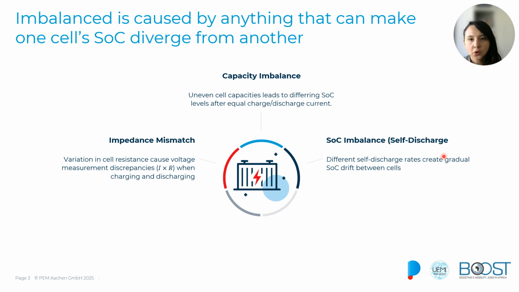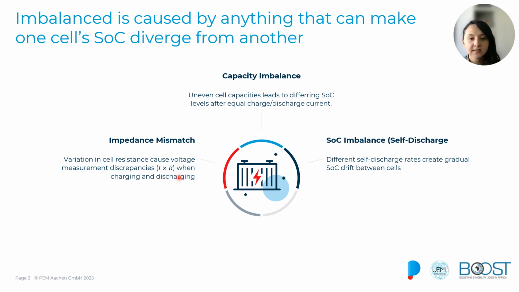So in our battery pack, some of the cells may discharge faster than the others due to variations in the internal chemical processes and the reactions happening in the battery. As a result, the cells with the higher self-discharge rate will gradually drift apart from the rest, and this will also lead to imbalances over time.